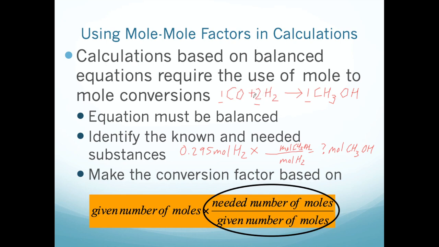But we're going to use that 2 and that 1 in our molar ratio, or mole factor. So there's 1 mole of methanol for every 2 moles of hydrogen. Well, that gets moles of hydrogen to cancel out, and we're left with moles of methanol as our answer. What we would do to get that answer is take 0.295 and multiply by 1 and divide by 2, and that would give us the answer.